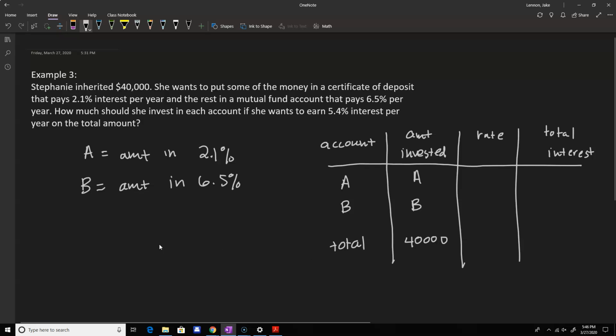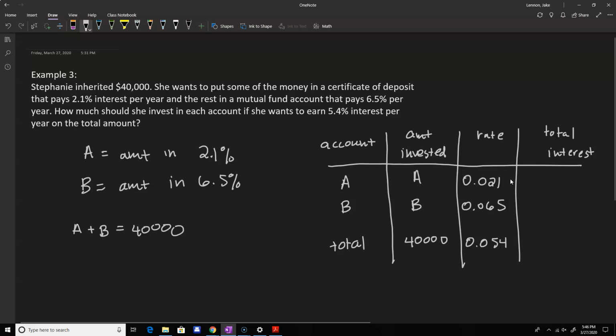So our equation relating the two is A plus B equals 40,000. That's the total invested. What are the rates? Again, we want to do these as decimals, so 0.021 for account A and 0.065 for account B. And for the total, we're anticipating 5.4%.